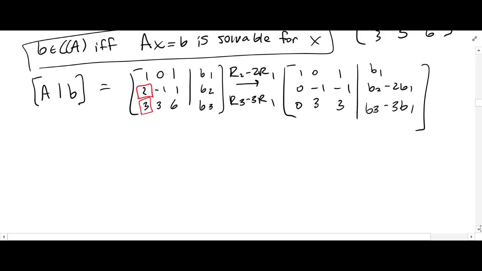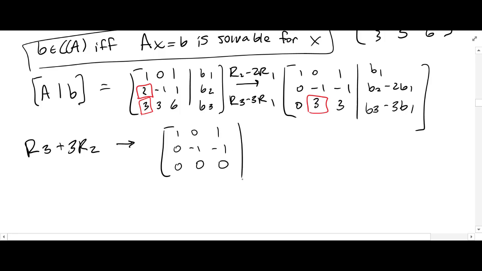Now I want this to be 0, but notice that the third row is just -3 times the second row, so you're going to get a row of zeros when you do row 3 plus 3 row 2. Yeah, you get a row of zeros.